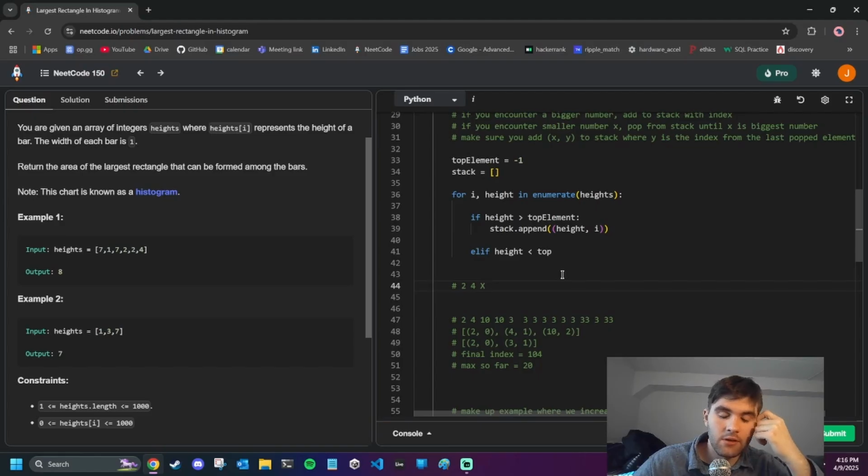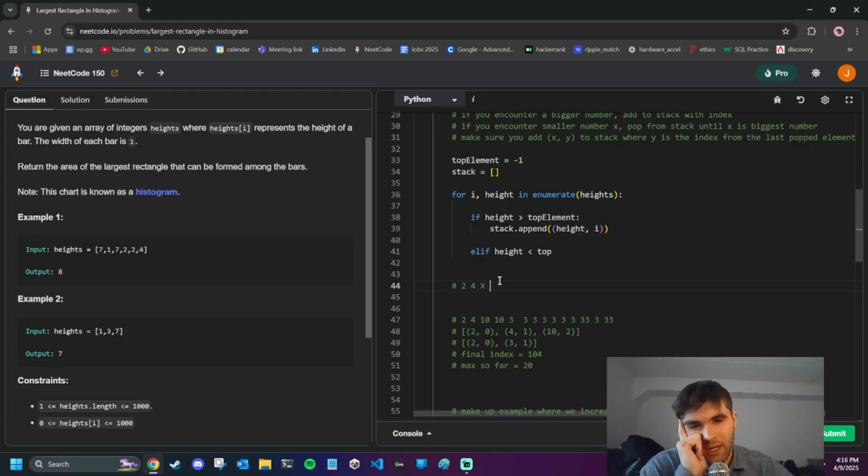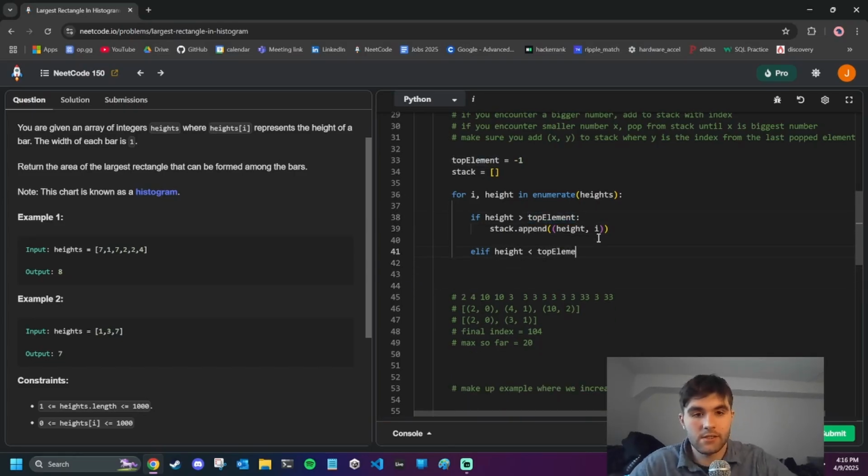It has to either be bigger than the top element or less than or equal to the top element. It's impossible for it to be less than the top element but bigger than the previous element. So the top element is really just the most recent element.